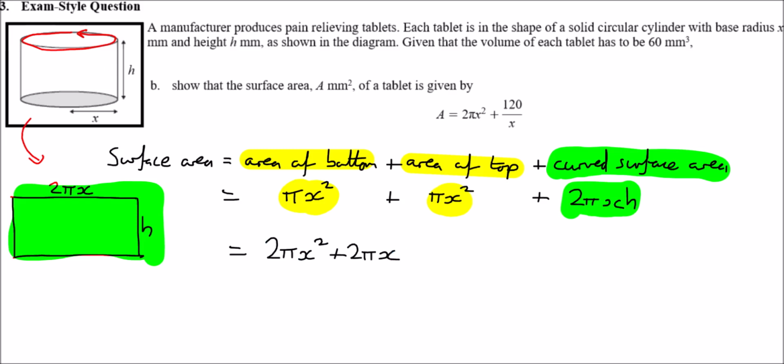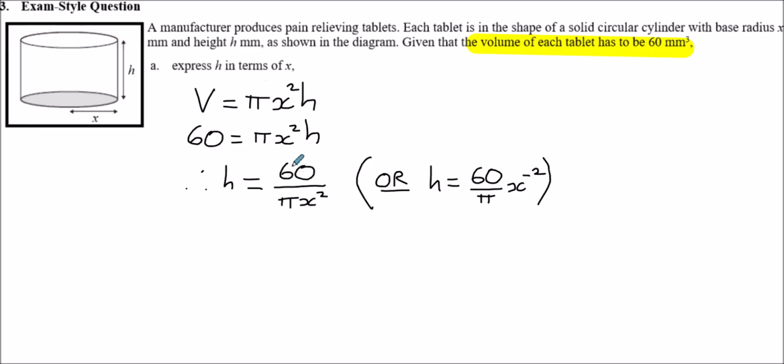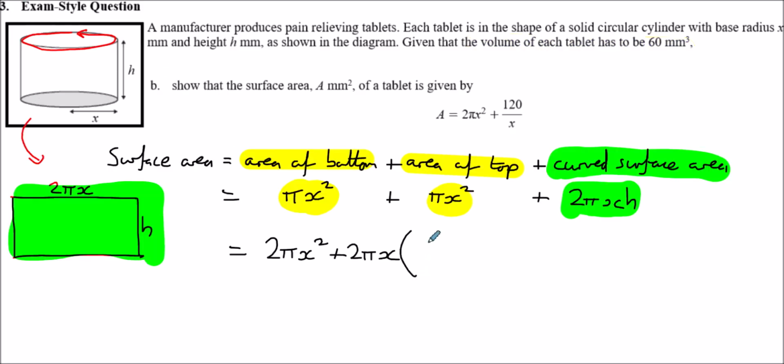From before, if I just toggle back for a moment, h is 60 over pi x squared, so we can now substitute this in. So we still have 2 pi x squared. Now, we can simplify this quite a bit.